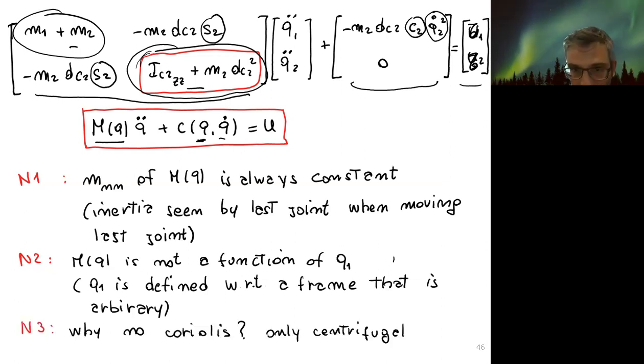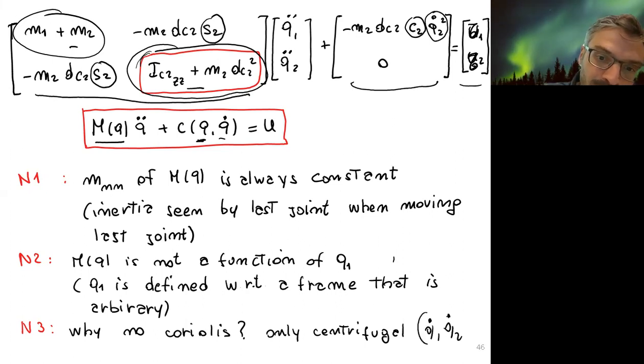Then we have why we don't have a Coriolis term, only centrifugal. Remember that the Coriolis terms are the ones that have mixed products of Q1 dot and Q2 dot.